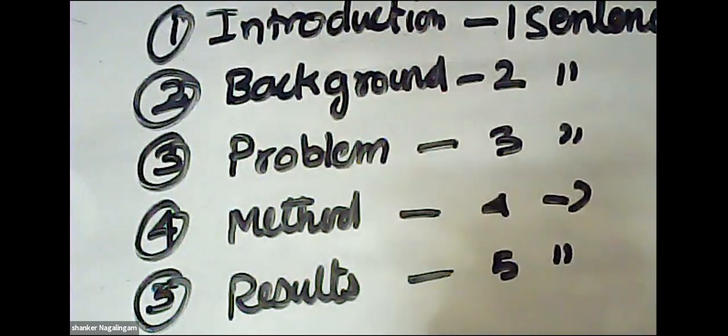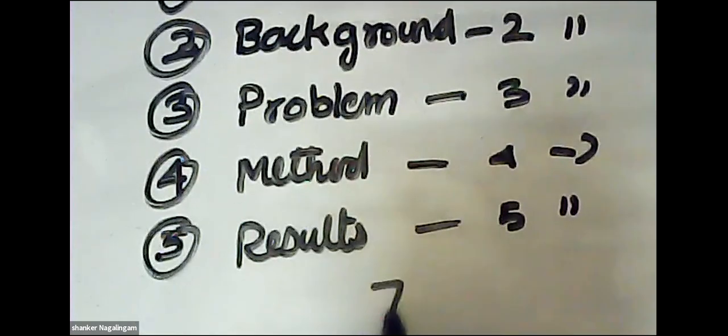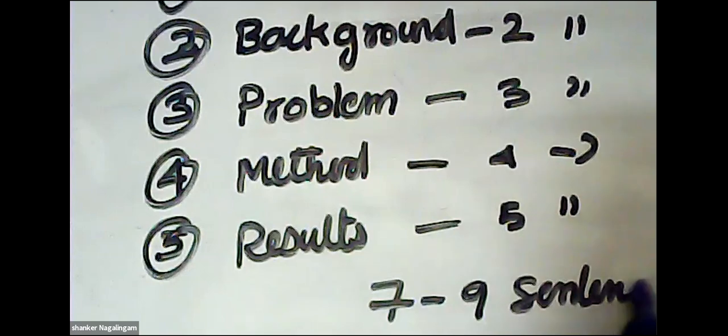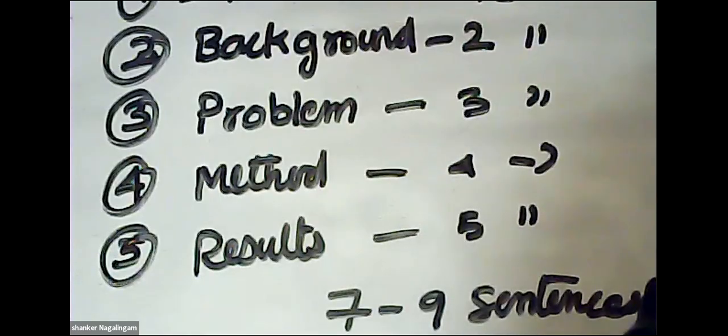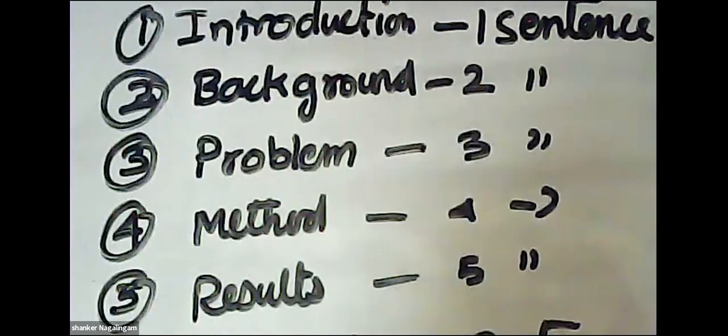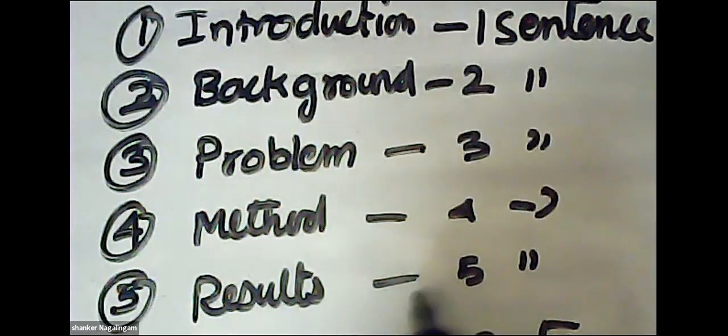As I said earlier, it should have 7 to 9 sentences. It means that at minimum you have to conclude all your ideas, starting from introduction, background, problem, research, and everything, in only 5 sentences. But sometimes you cannot stick to one sentence. When I write results, I may want to make it 2 sentences.